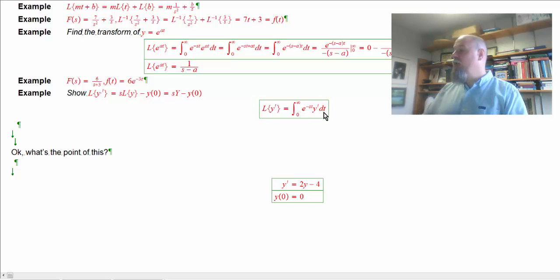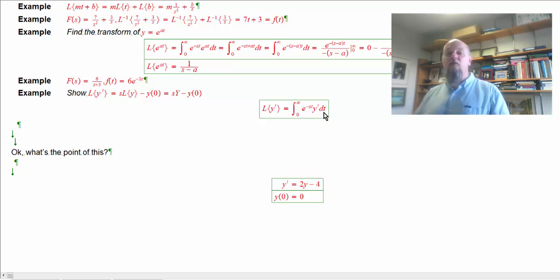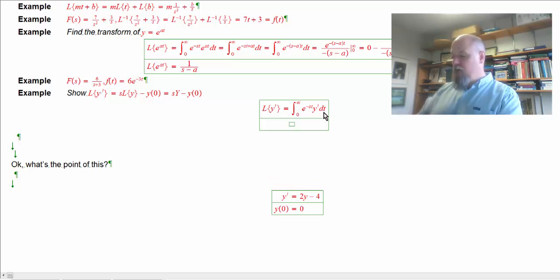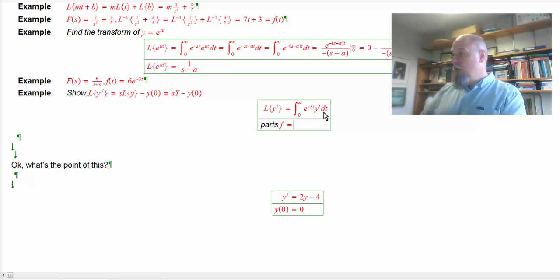Now, this has got to work in general for any y, for an unknown y. I don't know what y is. So how am I going to do this? I'm going to do this with parts again. So I need a function to differentiate. Well, the function I'm going to differentiate is this e to the minus st. And I need a function to integrate.